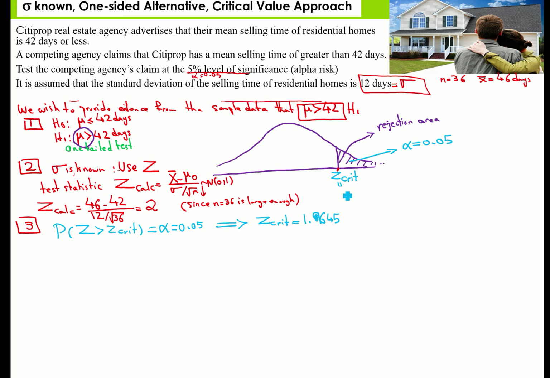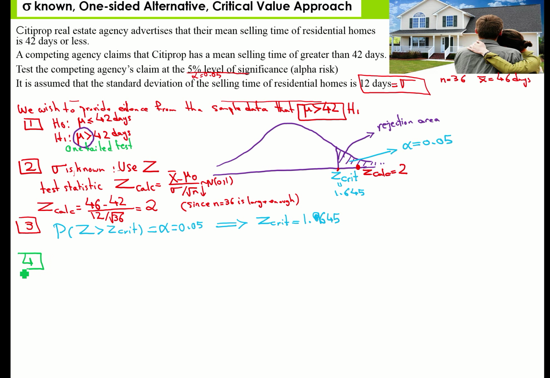So z critical is 1.645. Let's see what the z calculated is. It is 2. Okay, so the z calculated is here, right? It is in the rejection area.